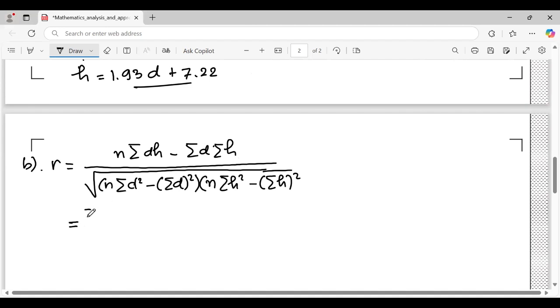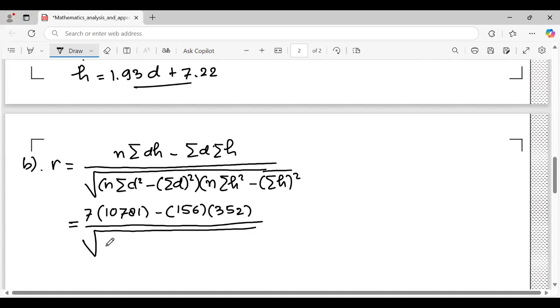Substitute the numbers: 7 times 10,781 minus 156 times 352, divided by the square root of 7 times 4,996 minus 156 squared, times 7 times 23,478 minus 352 squared.